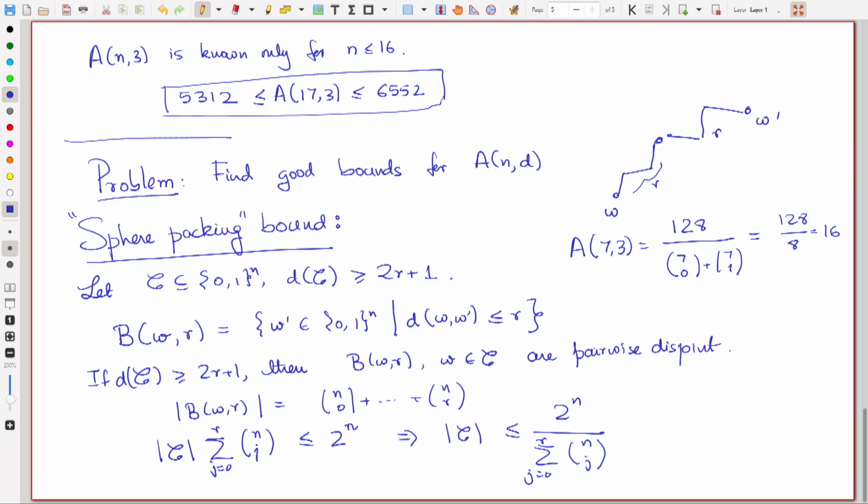Okay, but you can try this for A(17,3) using this, and I think it gives something quite a bit larger. Let me see if I wrote it down.